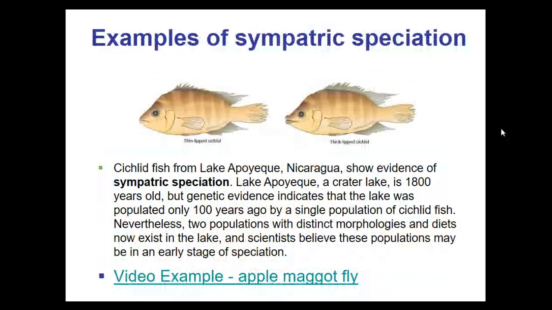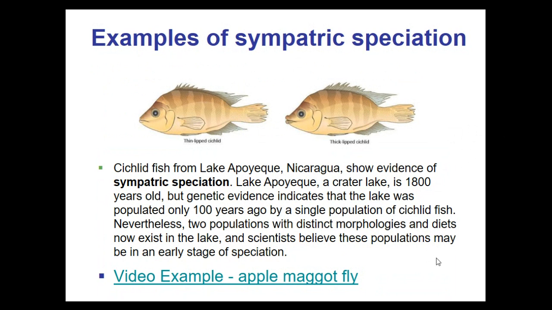Anyway, an example of sympatric speciation: these fishes in Nicaragua, evidence of sympatric speciation. Populations have evolved from one species into two distinct morphologies.